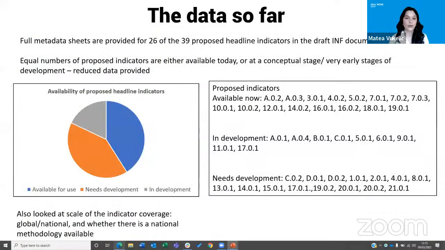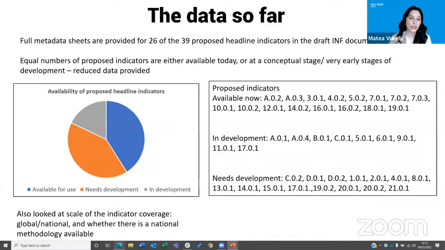So the data so far, we have collated all this metadata and did some preliminary analysis based on what's been provided to us by indicator producers. So far, we have collated full metadata sheets for 26 of the 39 proposed headline indicators. For the indicators that are in the early stage of development or in the conceptual stage, we provided a reduced short version of the template, which provides information on what is proposed for those indicators and how it might be gathered.